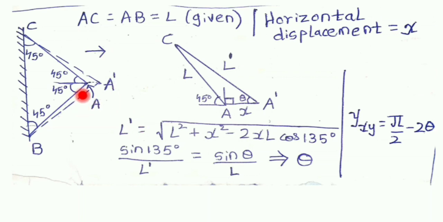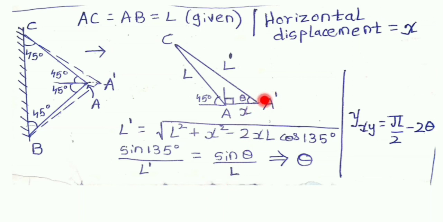See, a is there, a dash is here, and c is above. Draw the triangle. We want to know the angular change, so we want to know theta here. If we know 2 theta, then obviously previously it was 90 degrees, 45 plus 45. If we know this 2 theta, 90 minus 2 theta will give us the answer.